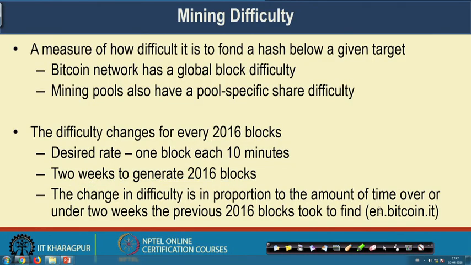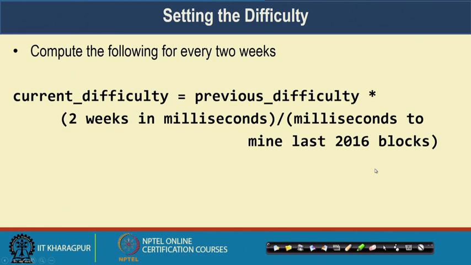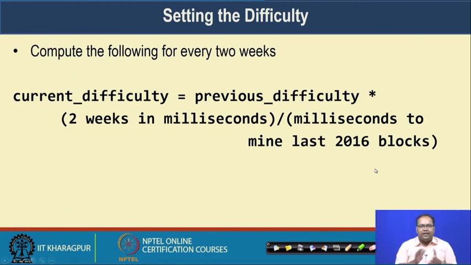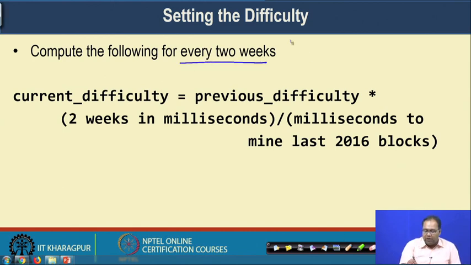With this idea in mind, we set the difficulty by utilizing this formula. You compute the difficulty every 2 weeks, or you can recompute the difficulty after every 2016 blocks have been generated.